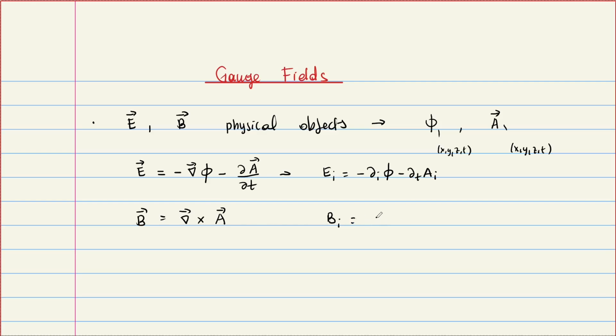For curl, we are going to use this epsilon_ijk, which we talked about last time: epsilon_ijk del_j A_k. And if you have never seen this, don't be scared. This actually makes life much easier if you know how to deal with this.